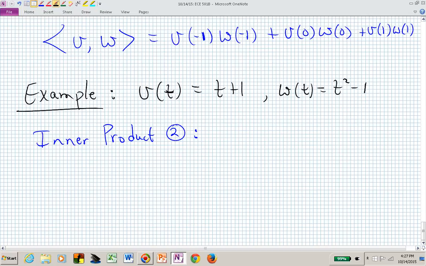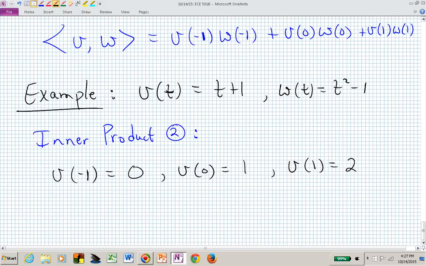Well, now I need to sample those 2 vectors at 3 different points. I need v at t equal to minus 1, and what's that equal to? If I plug in minus 1 for t, I better get 0. What's v of 0? 1. And now v of 1? 2.